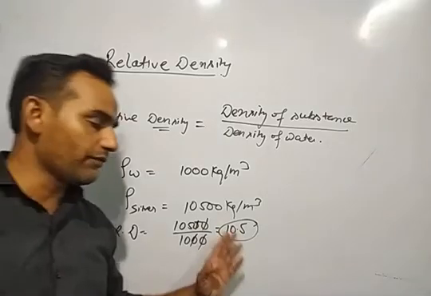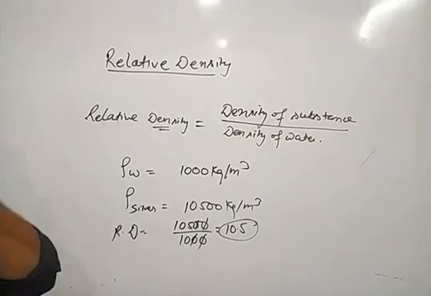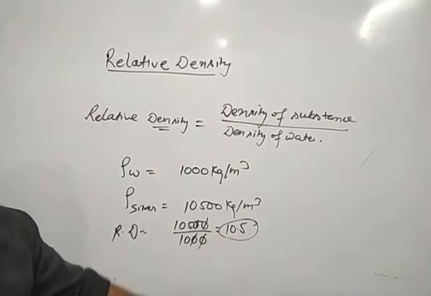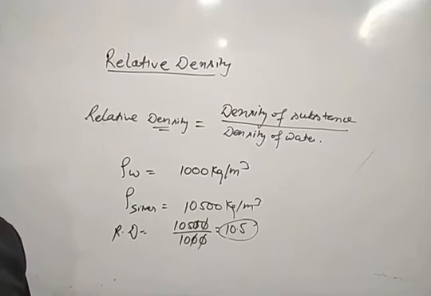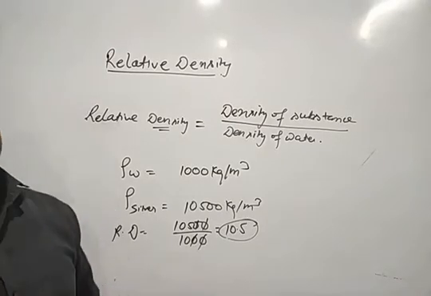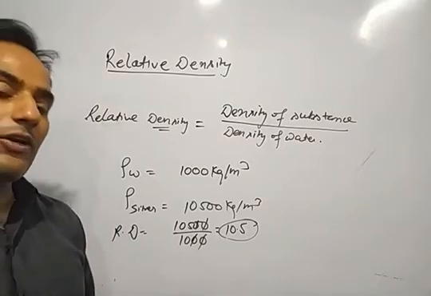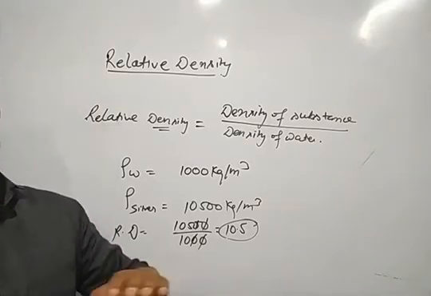Now what is the meaning of this 10.5? Listen, 10.5 means the object will surely sink into the water. If density of substance is more than the density of water, that object will surely sink in the liquid.